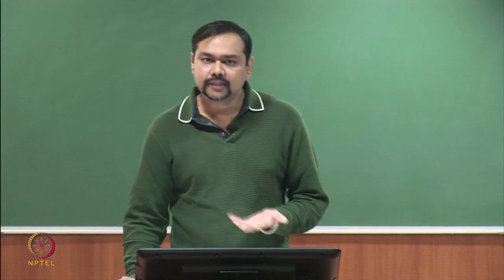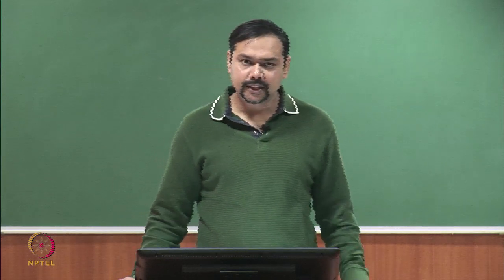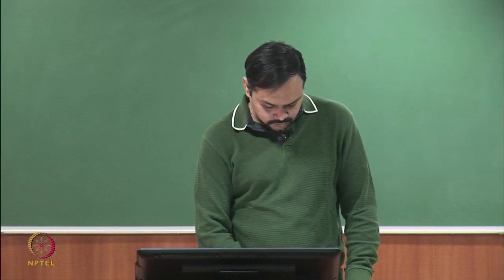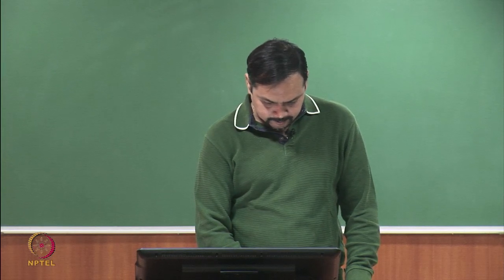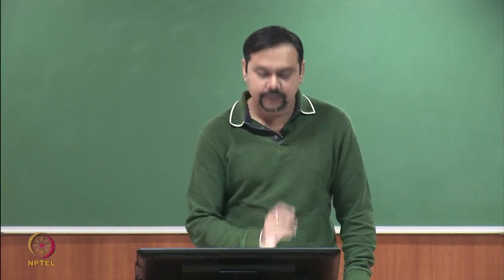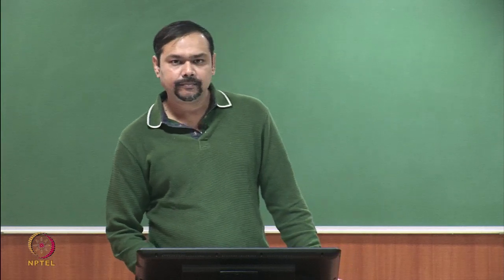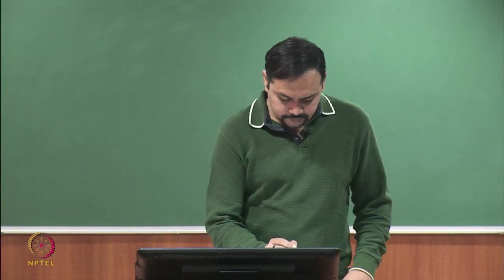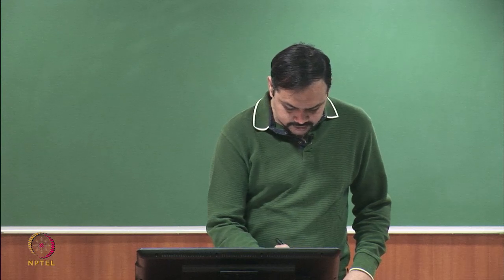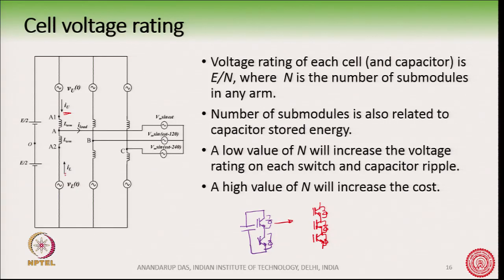Now, why? First of all, the question comes up, why is there a DC as well as an AC component. So, if you see the circuit of the converter, this is the arm current, this IU here and this IL here, upper arm current and lower arm current. Of course, you can see here that the sum of IU and IL makes the load current.